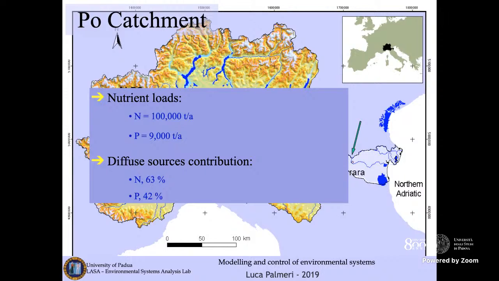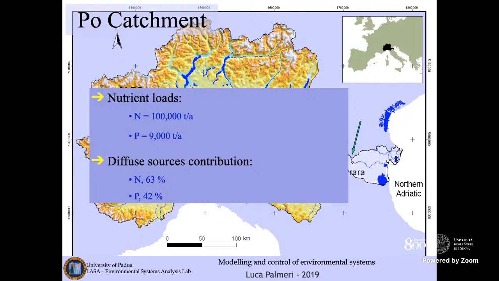Please keep in mind these figures, because they are useful to compare with the results of the model application. So, as a rule of thumb, we may say that 100,000 tons of nitrogen and 9,000 tons of phosphorus are produced in this area, and discharged on the Northern Adriatic.